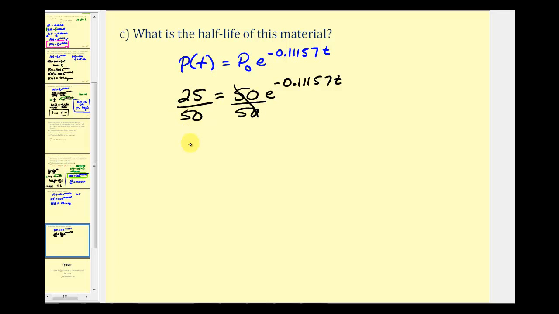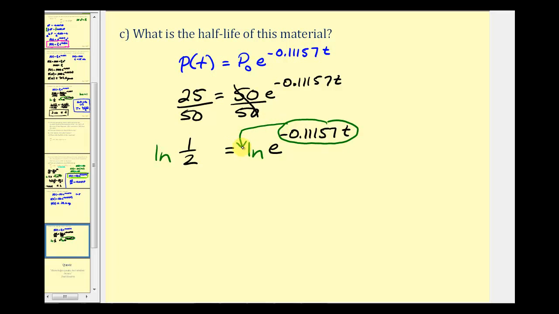Notice on the left side we have 1/2, which is always the case for half-life. Regardless of how much we start with, this amount here would always be half, therefore giving us 1/2 on the left side of the equation equals e raised to the power of negative 0.11157 times t. We want to solve this for t, so now we can take the natural log of both sides of the equation and apply the power property of logarithms here, so we can move this exponent to the front, so it's the coefficient of natural log e.